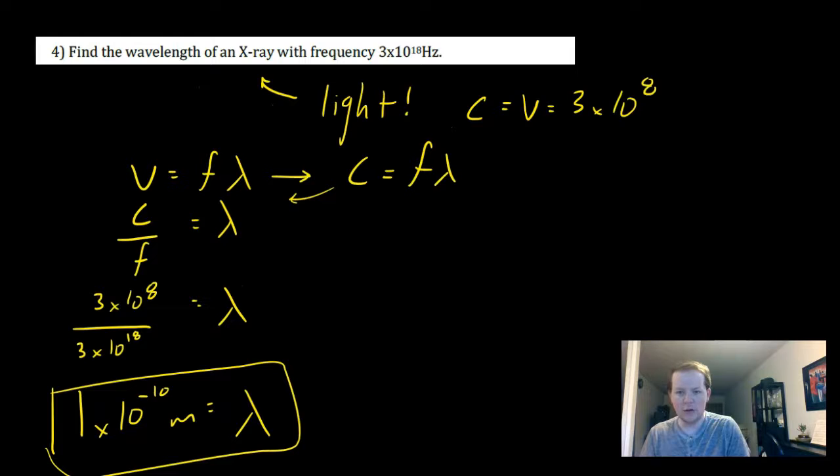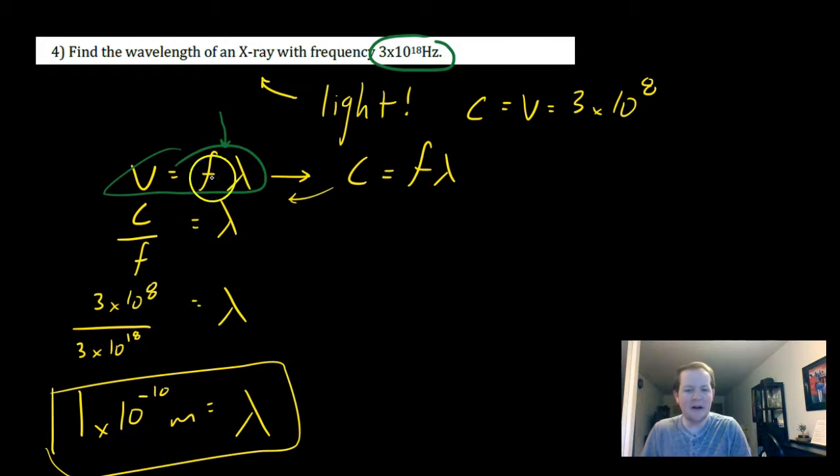Okay, moving right along. Number four, it's asking you to find the wavelength, and this is a good problem because when you read this, all it seems to give you is a frequency. If I know this equation, how could I solve for the wavelength if the only value I'm given is f? Well, I know what the speed is. X-rays are a type of light.